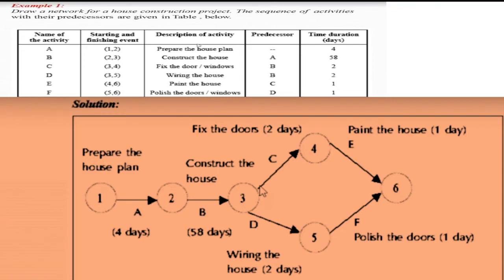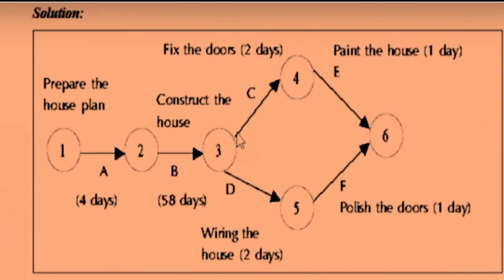So it started from event 1 and ends at event 6. This is the graphical representation of that problem.